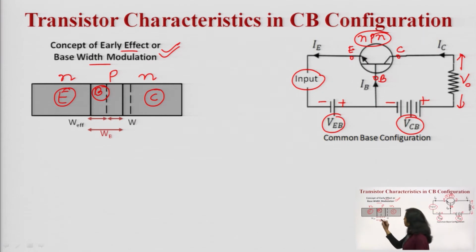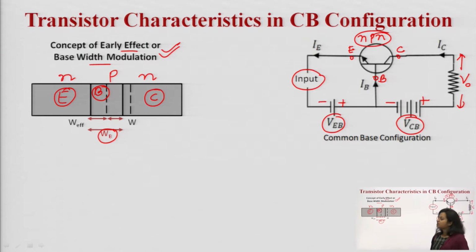Here you can see the width of the base, denoted by WB. The width of base, WB, is nothing but the metallurgical base width. The manufacturer who designs the transistor can alter this base width and keep it at different values at the time of designing. So, WB is that particular base width.